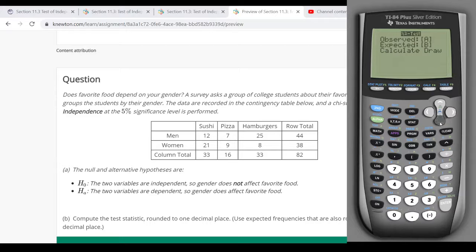Now, we didn't enter an expected matrix, and it doesn't matter. It's going to make it for us. If your observed matrix is entered correctly and you just go down to calculate, look at this. Now, this would still round to 11.1, so you'd be good. We got lucky.